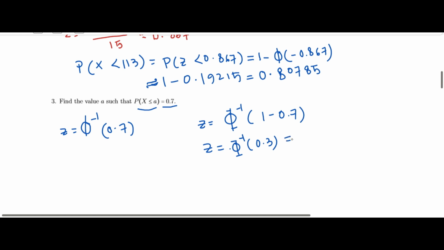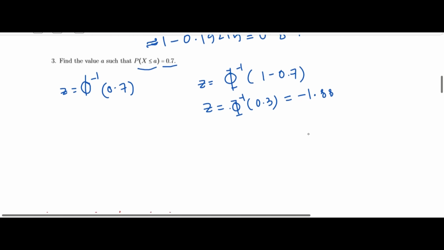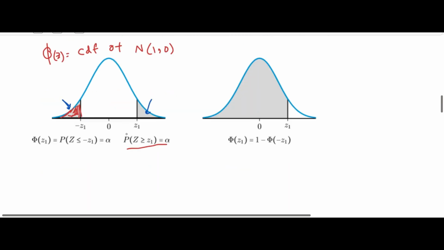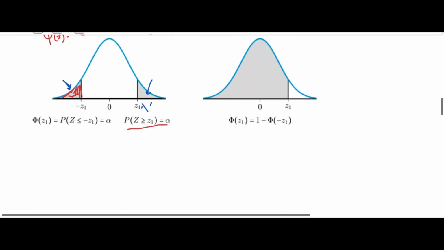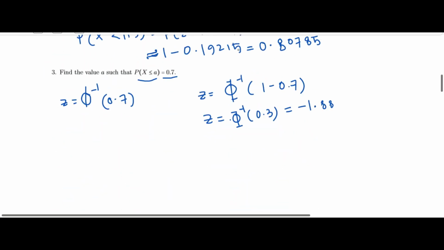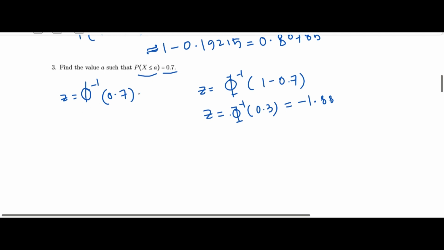Because the z value that I'm interested in is the other one, the positive value, I computed this to be 0.3, and therefore everything else right here is 0.7. So multiply by a negative sign, let's call this z2 instead of z. The actual z is going to be equal to 1.88.